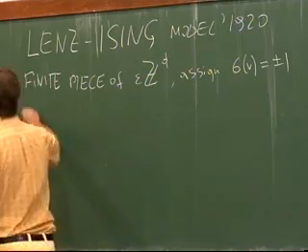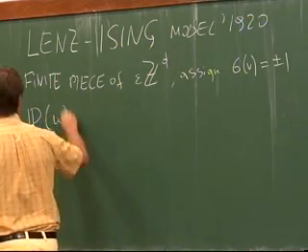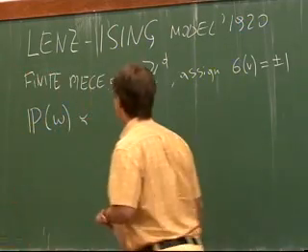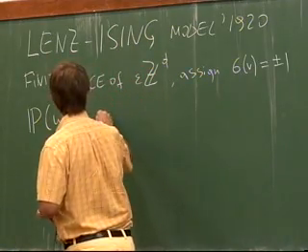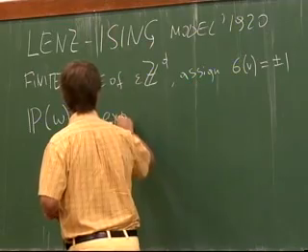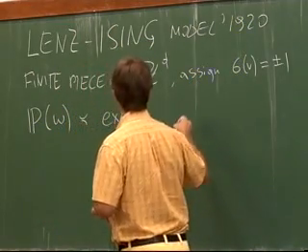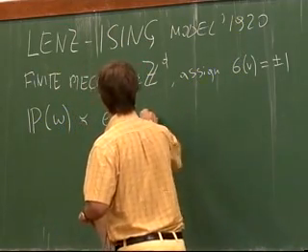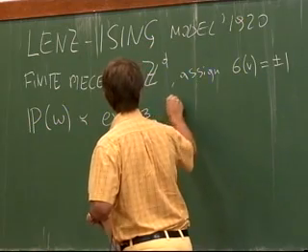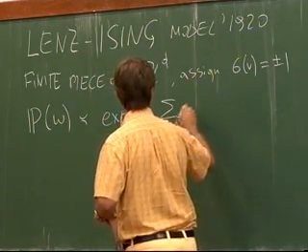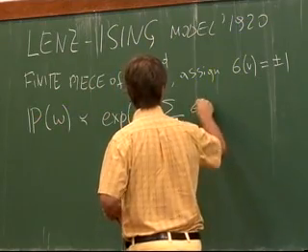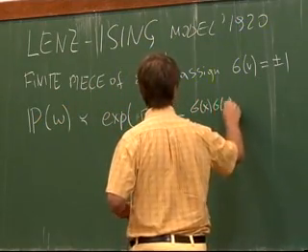Then the probability of a configuration of spins is proportional to the exponent of plus beta times the sum over all pairs of nearby vertices x, y of sigma of x, sigma of y.